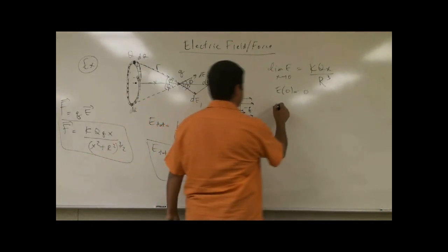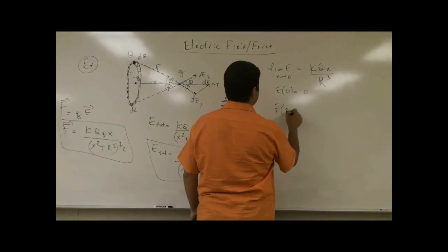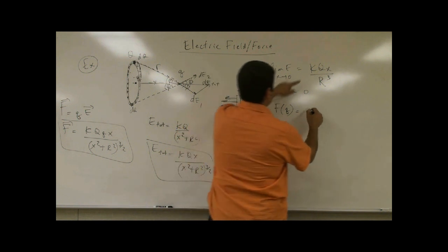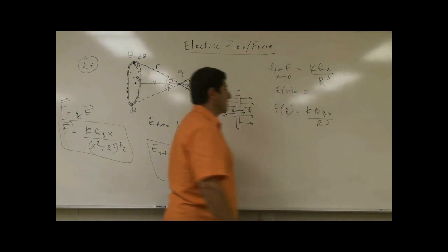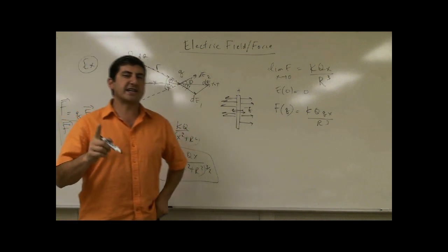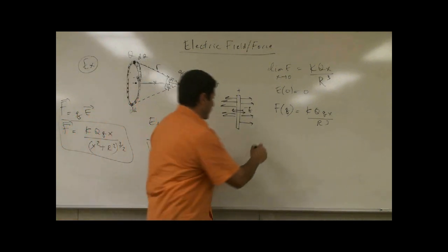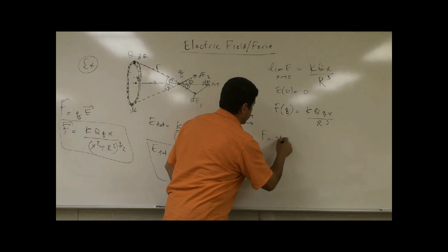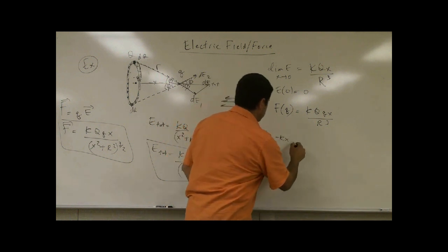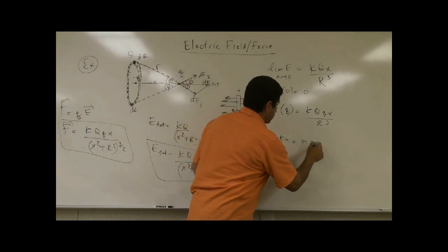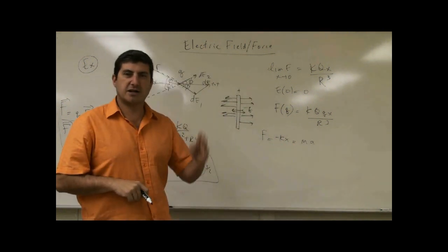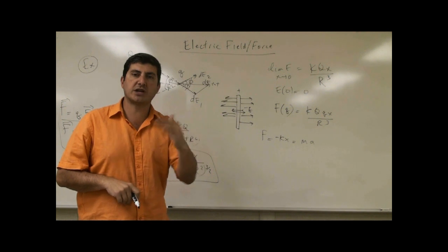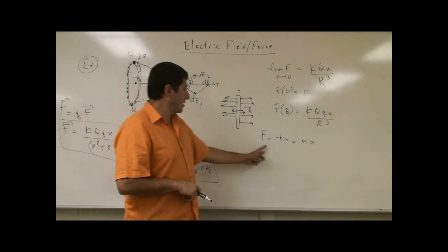Well, what is the force on the charge q? It's going to be kQqx over r cubed, right? Remember, back in mechanics, when you have F is equal to negative kx, and that's equal to ma, this is basically the spring problem, right? A mass connected to a spring oscillating back and forth.